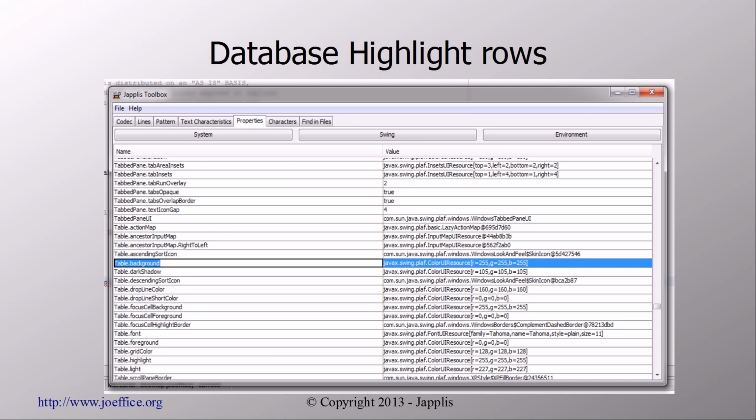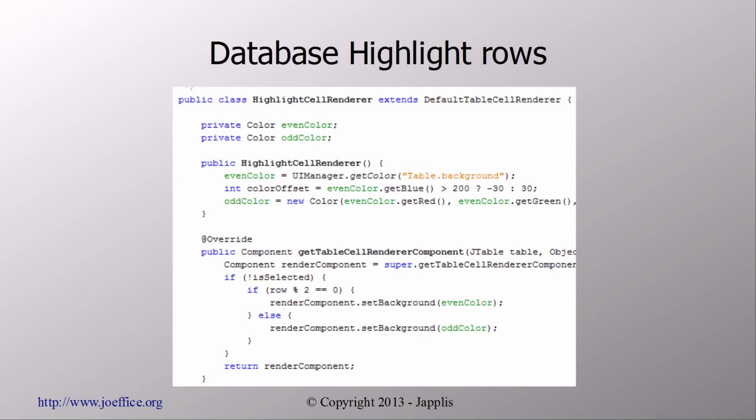Then for the database, I've also worked on the database. I've added some highlights to the rows. Here is a default highlight cell renderer that puts different colors whether it's an even or odd row number.